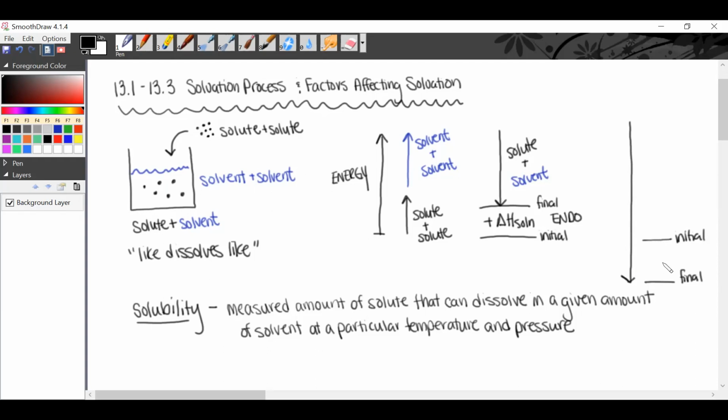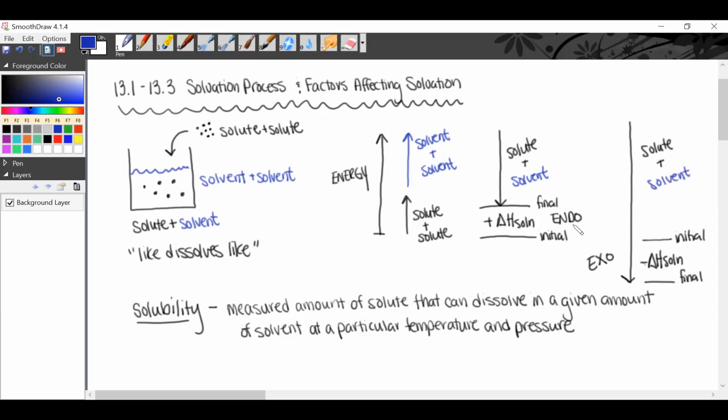I ended up releasing energy. This is a negative delta H of solution. This would be an exothermic process. So some things, when they go into solution, do so endothermically, and other things go into solution exothermically.